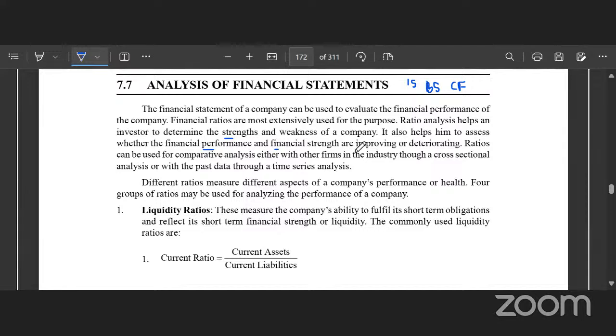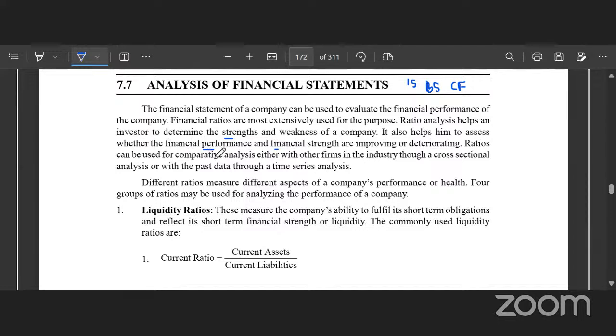That means, suppose I take the current ratio, is it increasing or decreasing? Improving financial strength is good, and financial strength should not deteriorate. So by properly analyzing the financial statements, we will know whether the financial strength and performance are improving or deteriorating.